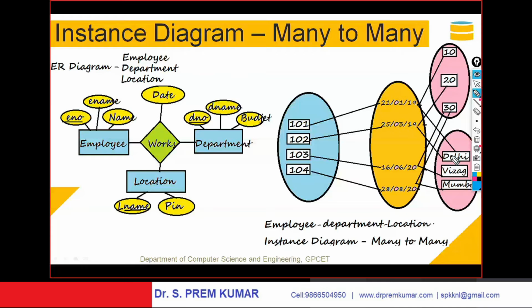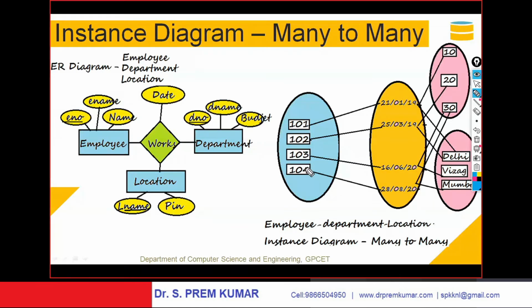Now you can observe 101 worked for department number 10 and department number 10 is at Delhi. 102 worked for department number 20 and department number 20 is also at Delhi. 103, on so and so date, is working for department number 30, and that is at Vizag. 104 is working for department number 30, and that department 30 is at Mumbai.